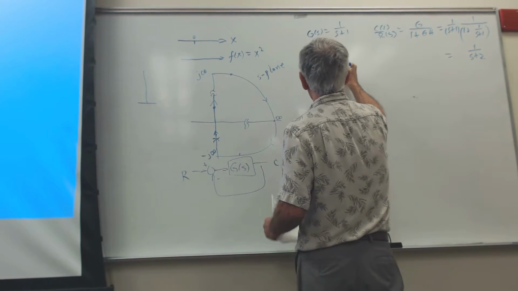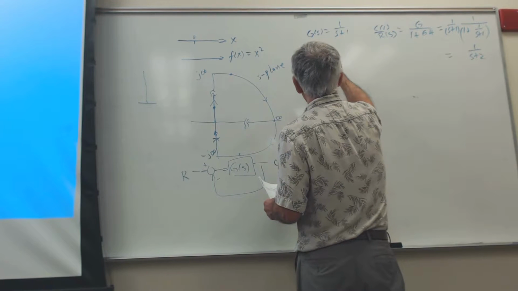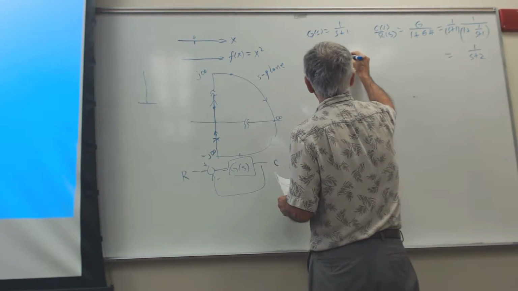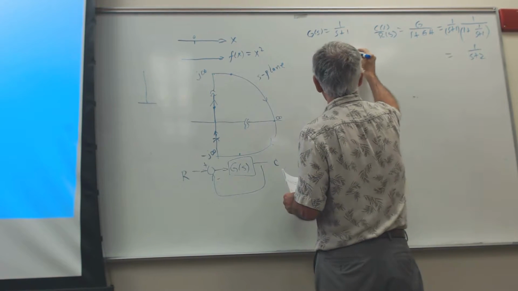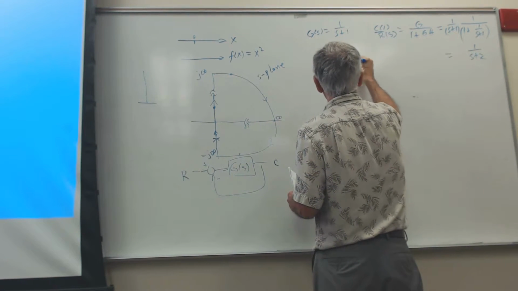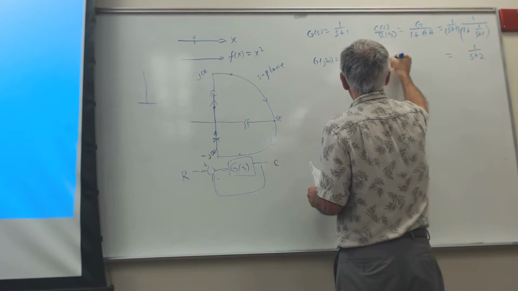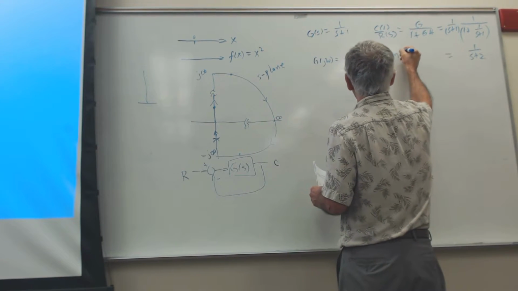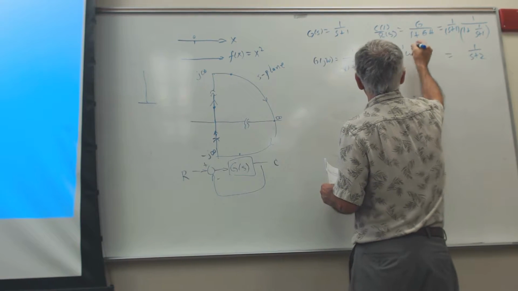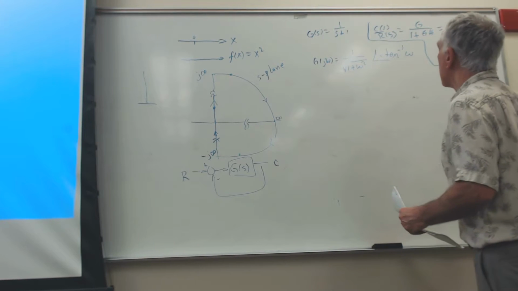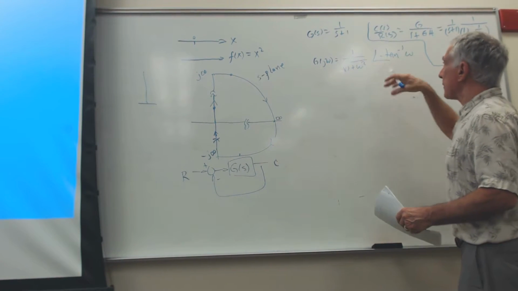So let's do that. If we have G of j omega, replacing s by j omega, the magnitude would be 1 over the square root of 1 plus omega squared, and the phase would be minus arctangent of omega. Okay, so this is magnitude, this is phase, right?